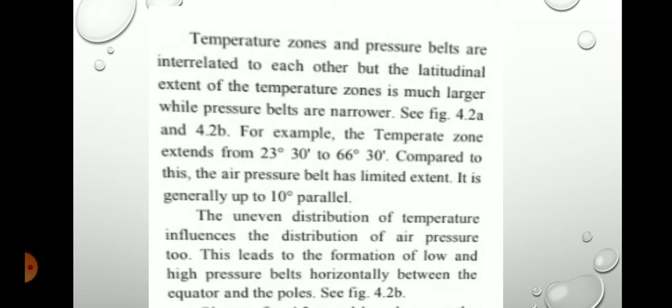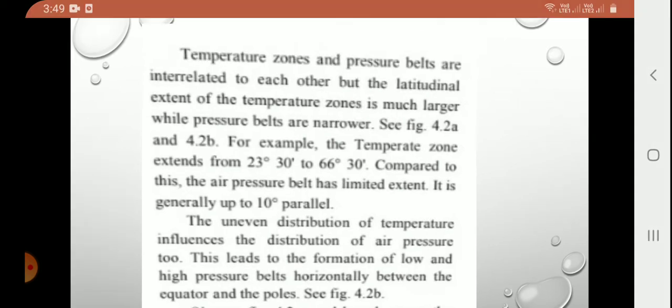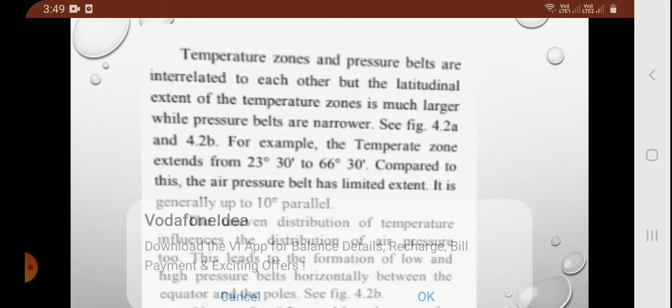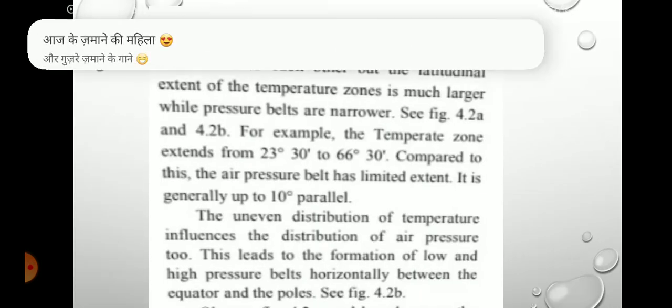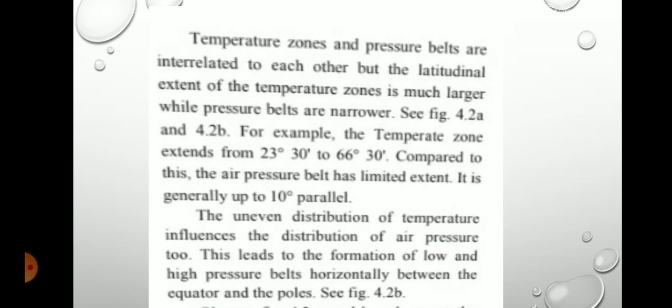It is generally up to 10 parallels. The uneven distribution of temperature influences the distribution of air pressure too. This leads to the formation of low and high pressure belts horizontally between the equator and the poles. See figure 4.2b.